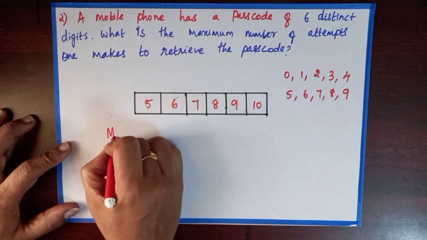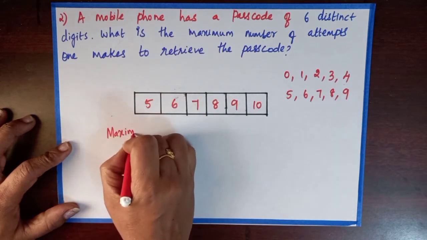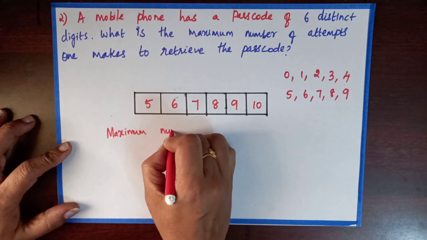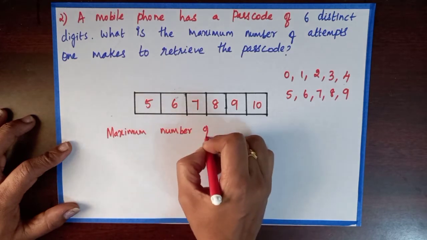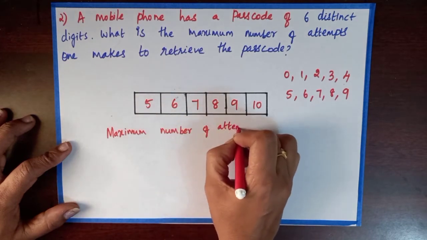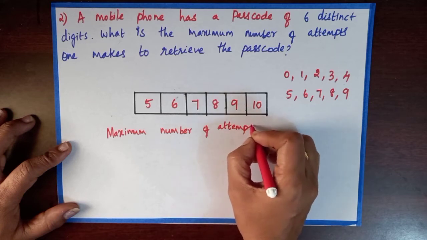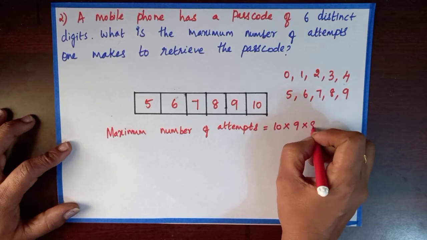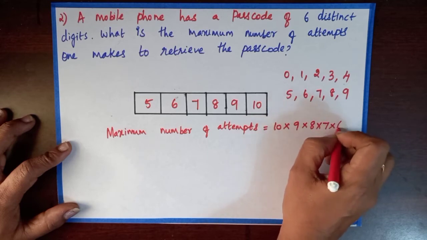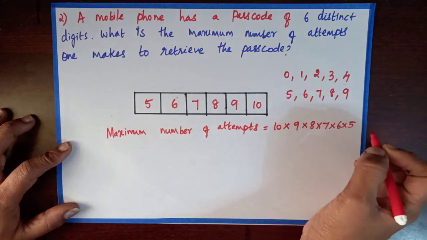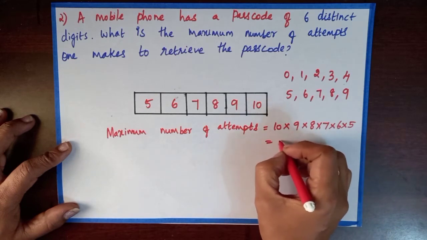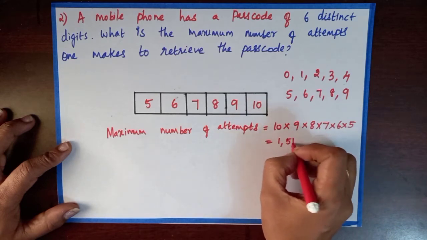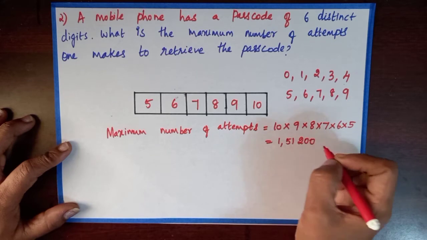Therefore, the maximum number of attempts is equal to 10 into 9 into 8 into 7 into 6 into 5, which is equal to 151,200.